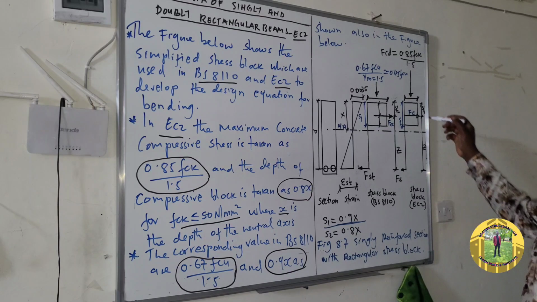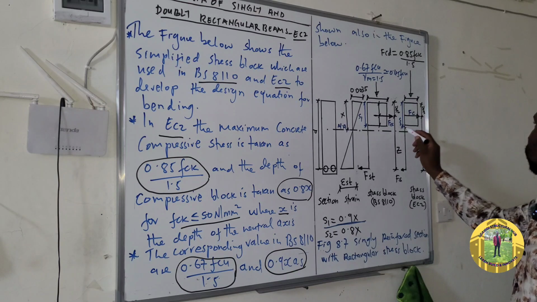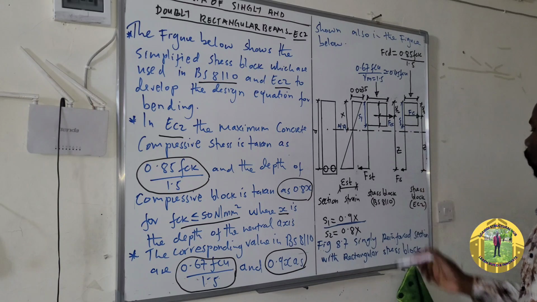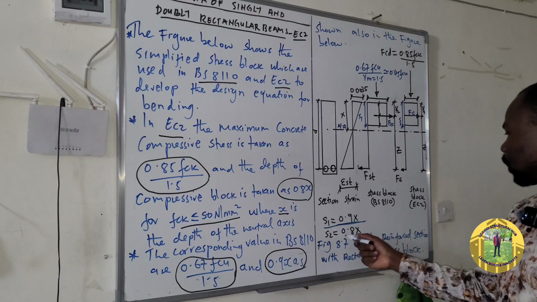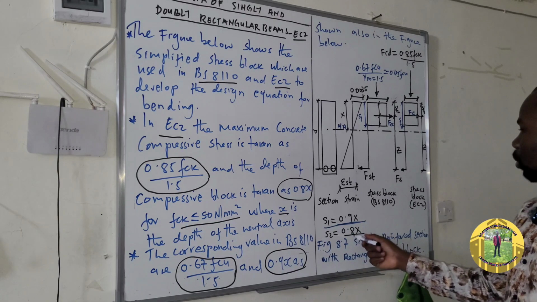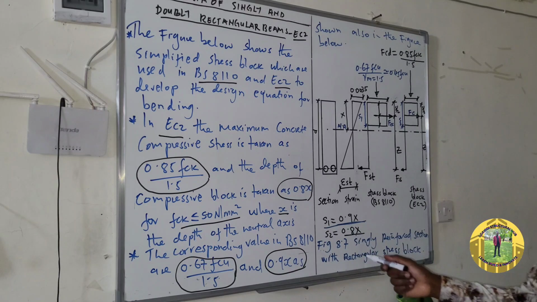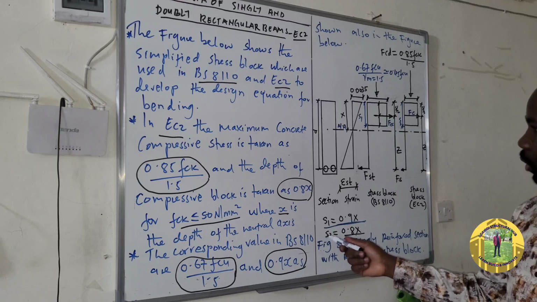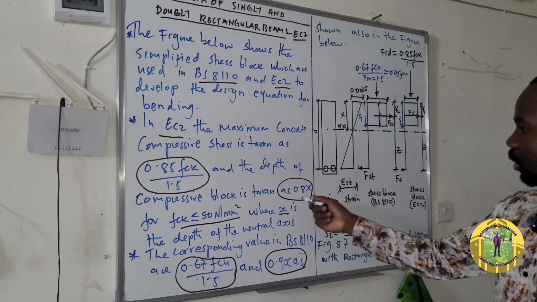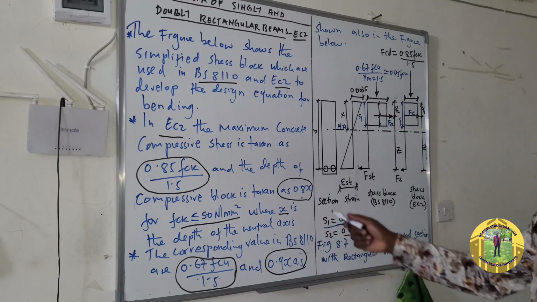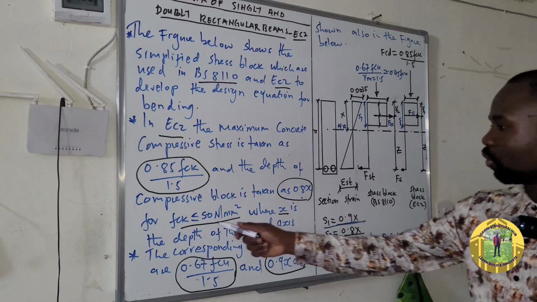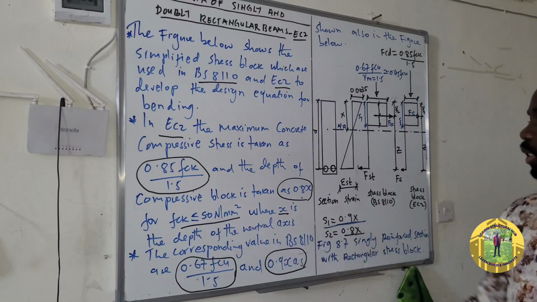And then this distance from here up to here is called S2, which is 0.8x. The compressive block is taken as 0.8x for FCK less than 50 Newton per millimeter square.